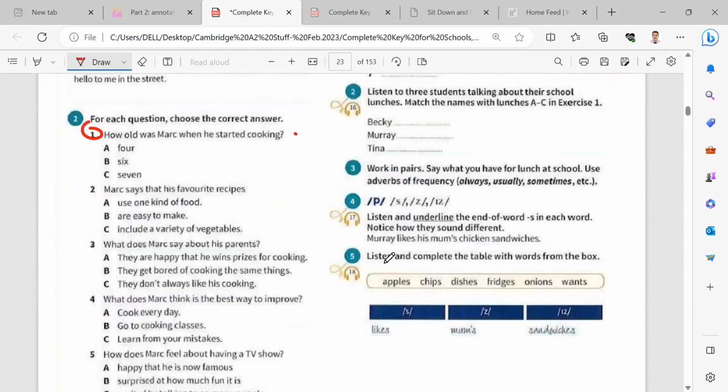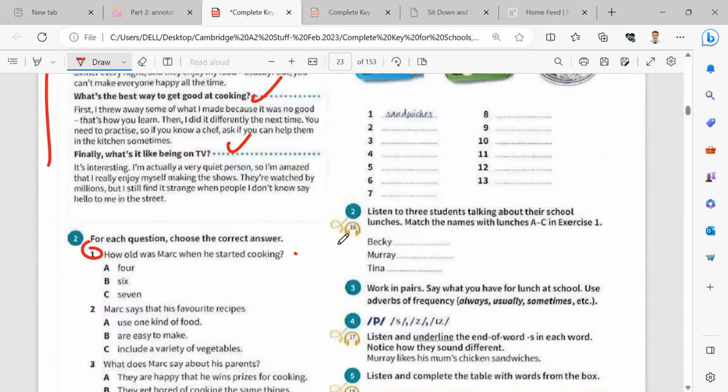Now Nawaf, after skimming, you should start scanning. So the first question: how old was Mark when he started cooking? So the keywords here: how old, he started cooking. 4, 6, or 7?